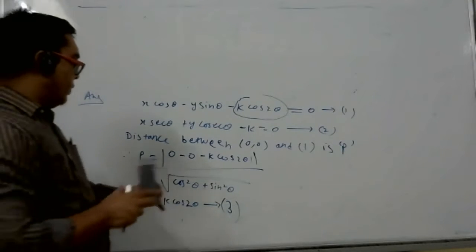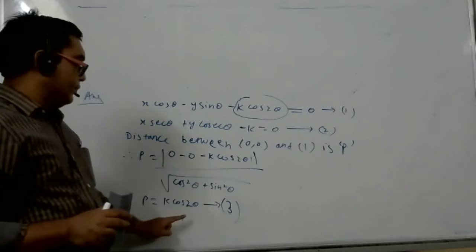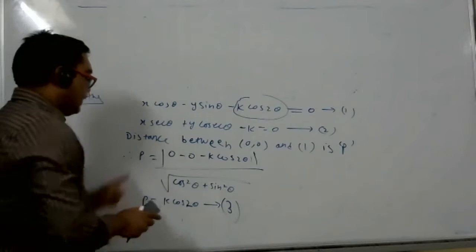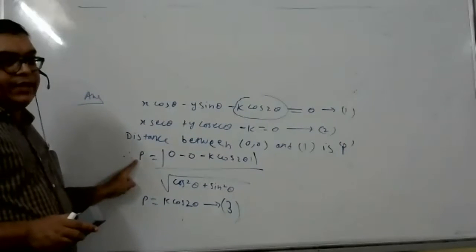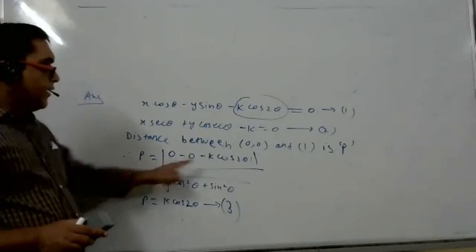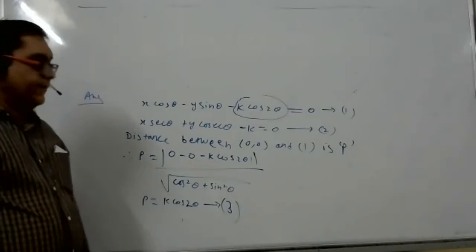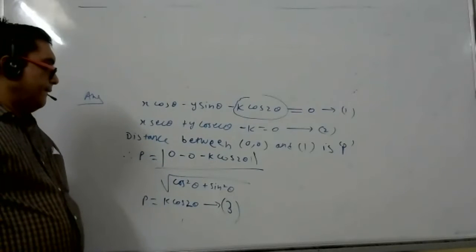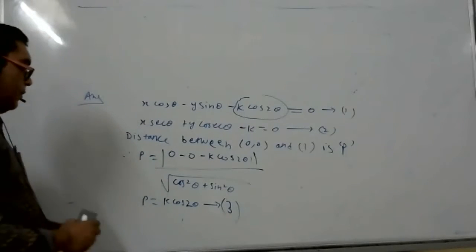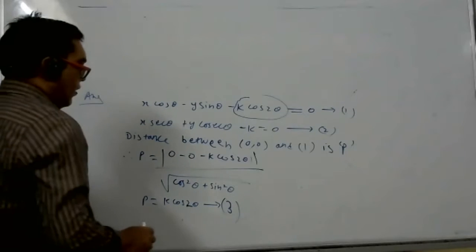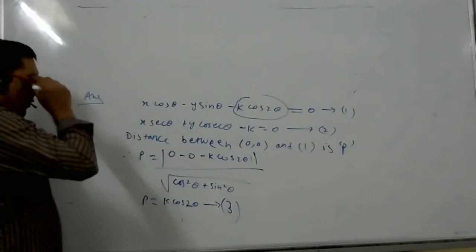So what? Totally it is positive. P is positive. The right side should be positive only. Now how can it be negative? Okay, sir. It has to be positive only, students. We'll see later if it is negative, how it will become.